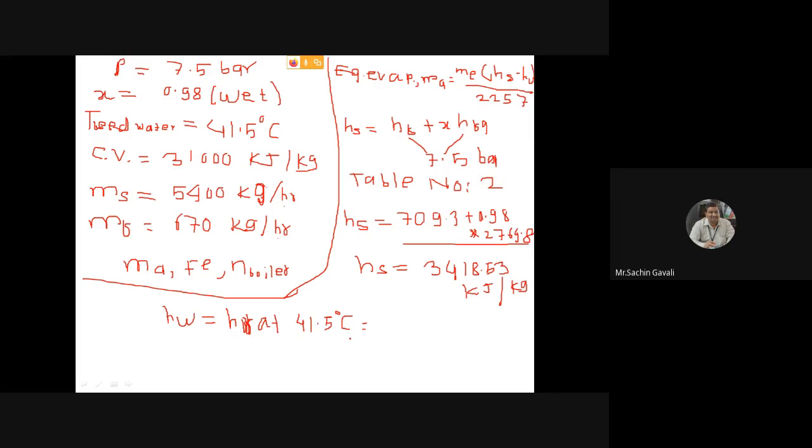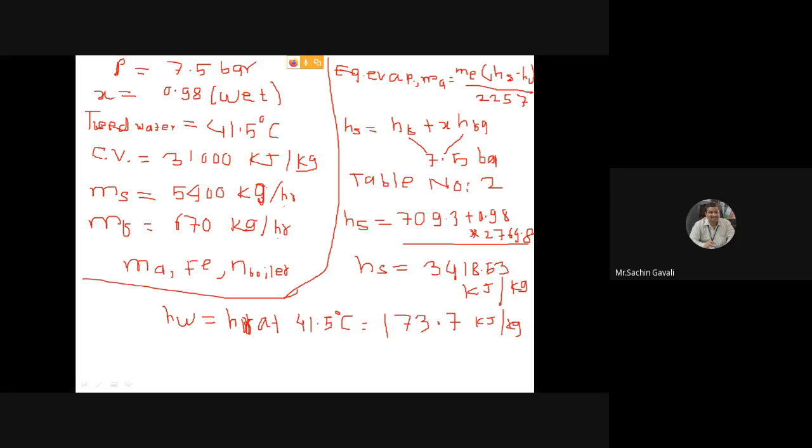Rakesh brother solved the complete numerical. Good. Prathamesh Patil, how did your answer go wrong? For HW, Kunal says 173.7, and we have to refer table number 1, correct? 173.7 kilojoule per kg.